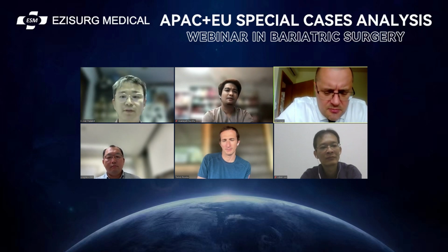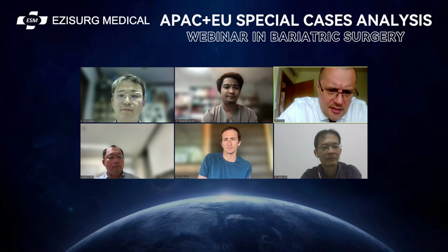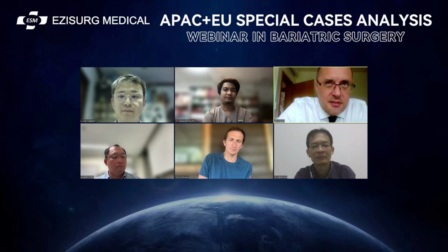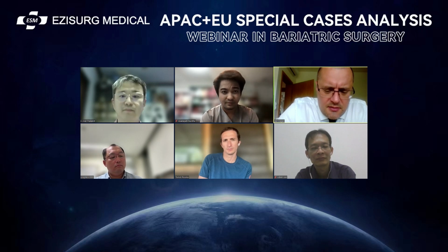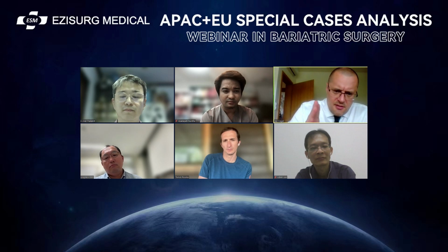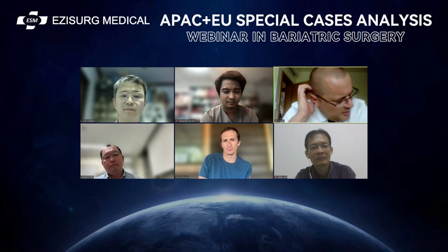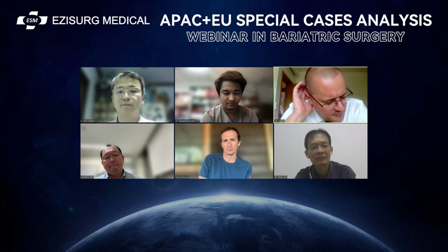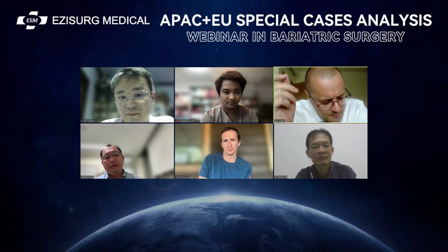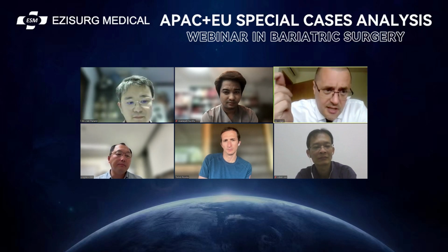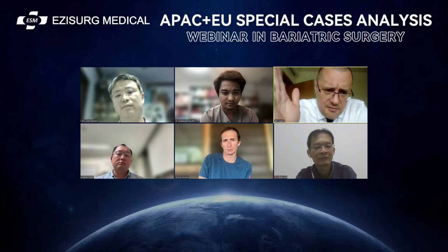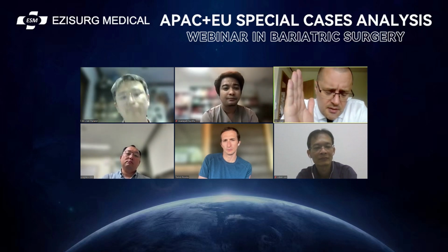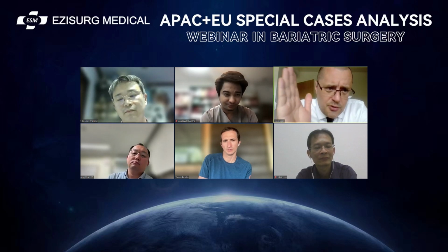I think to avoid leakage in the upper part, you don't need the omentopexy. But you leave the dog ear big enough, because the principle of the leakage is the tension on the staples in the upper part. So you need to leave some dog ear there, and the big bougie should help.